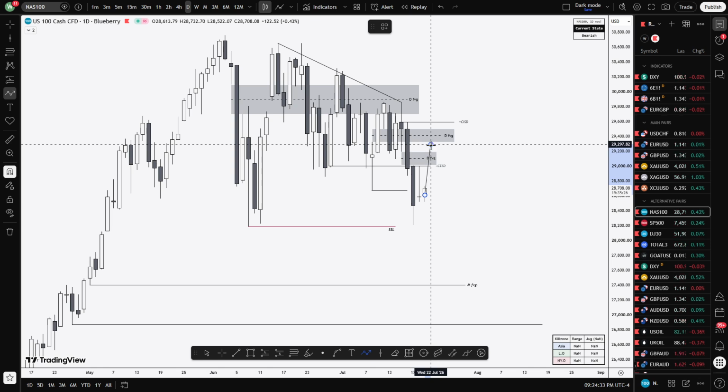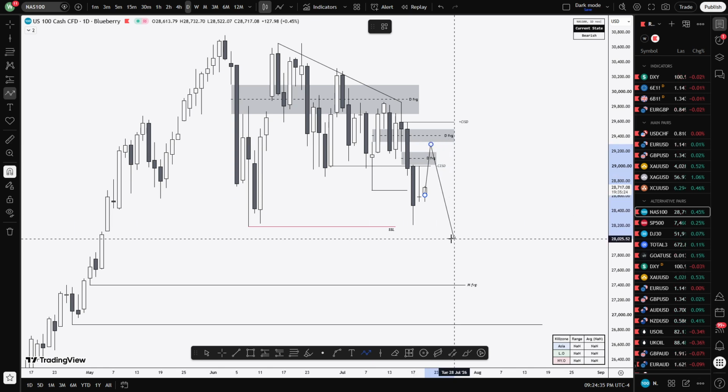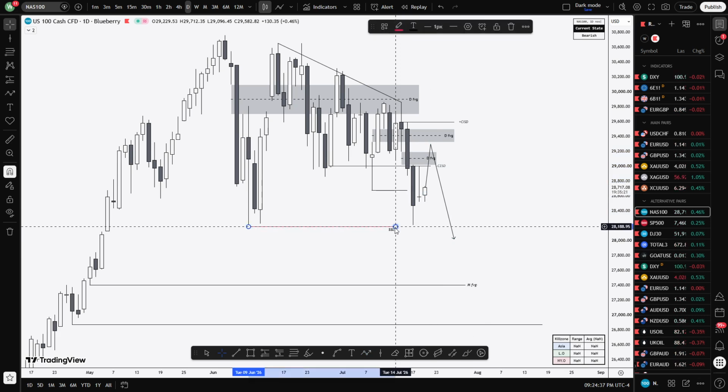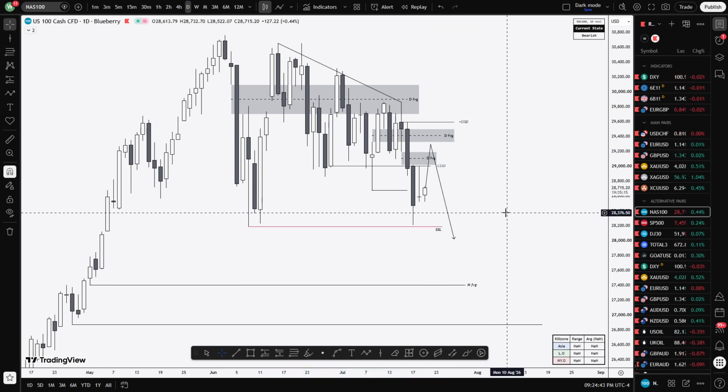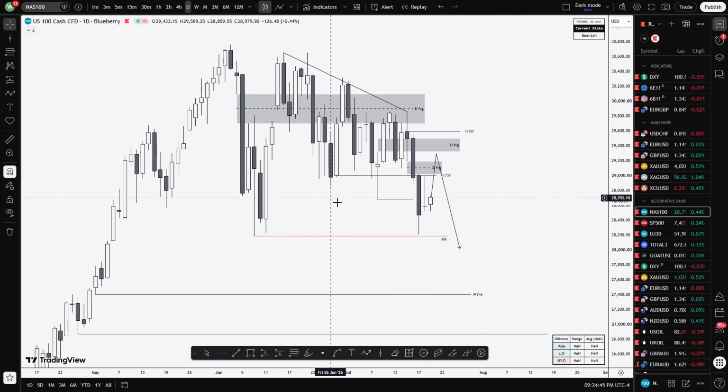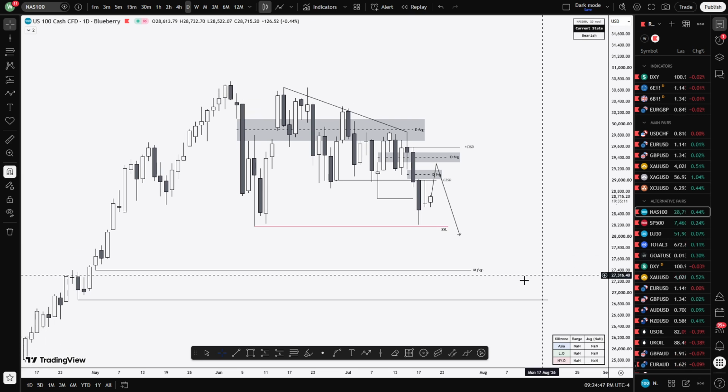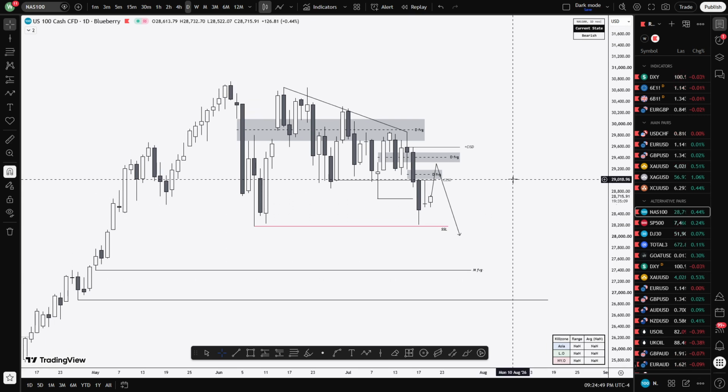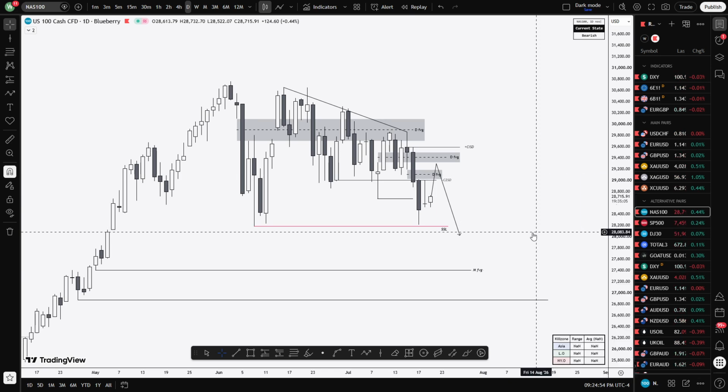And then we continue lower to take this low because these are equal lows. So this is very low hanging fruit, and it's very ideal to target this. In fact, as a matter of fact, this would be one of my trades for the week. Just set up nicely.